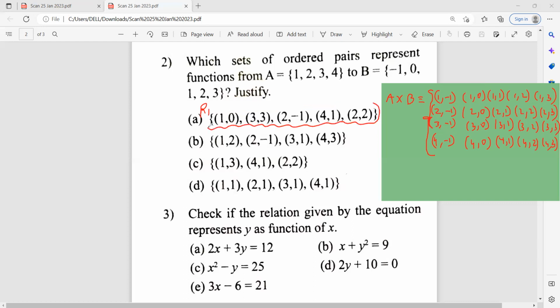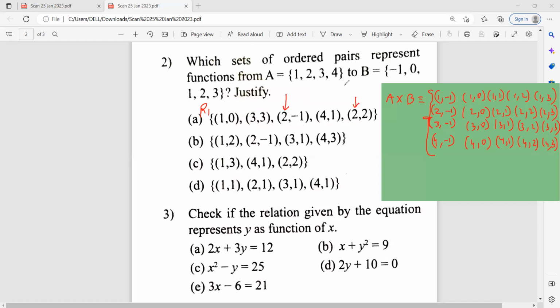For a function, what is the condition, my dear students? The condition is every element of set A should have a unique image. In set A, you have 1, 2, 3, 4. So check: 1 is there, 2 is there, 3 is there, 4 is there. So all the elements have images. But every element should have an image, and that image should be unique. I notice something very interesting: this element 2 of set A has 2 images.